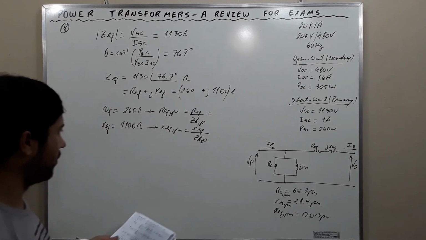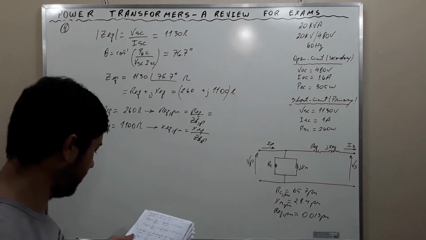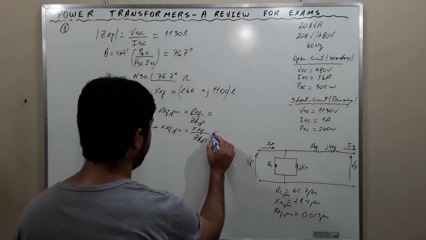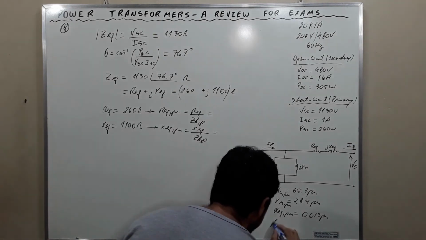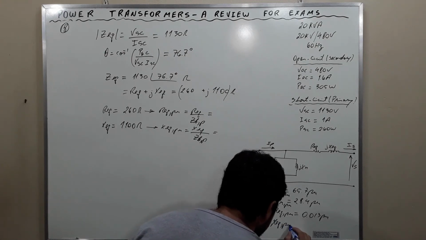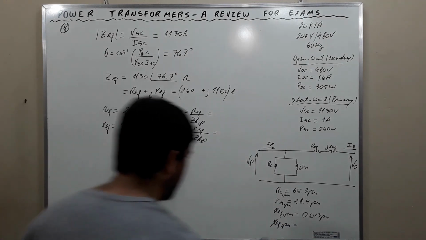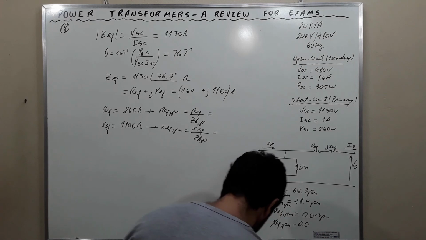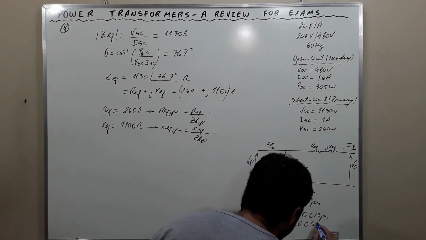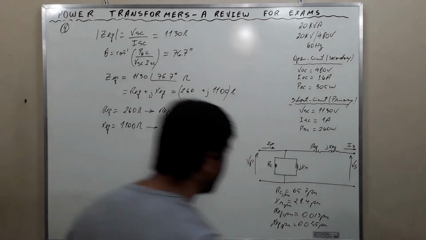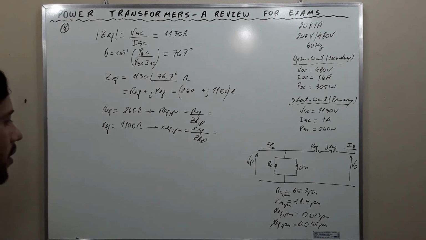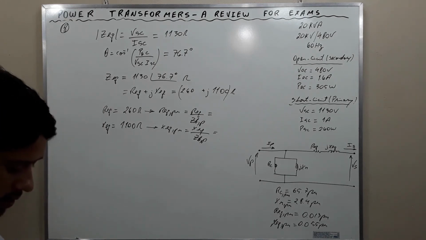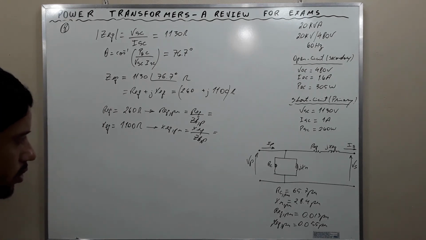And using the value of the base impedance and dividing, we find that Xec is equal to 0.055 per unit. All right, this is what the exercise wanted us to do.